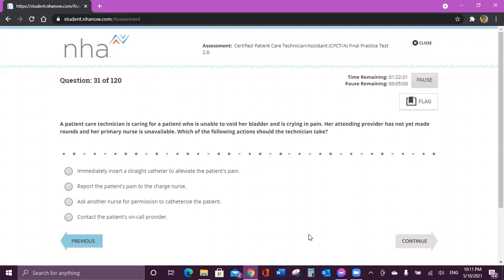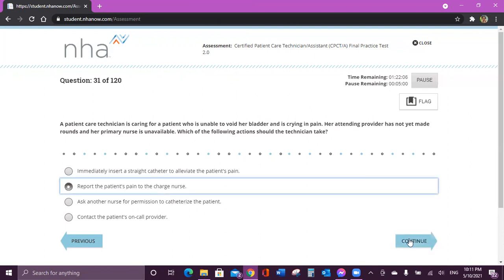Immediately insert a straight catheter to alleviate the patient's pain. No. Report the patient's pain to the charge nurse. Yes. Ask another nurse for permission to catheterize. No. Contact the patient's provider. No. Report to the primary nurse and the charge nurse, ¿verdad?